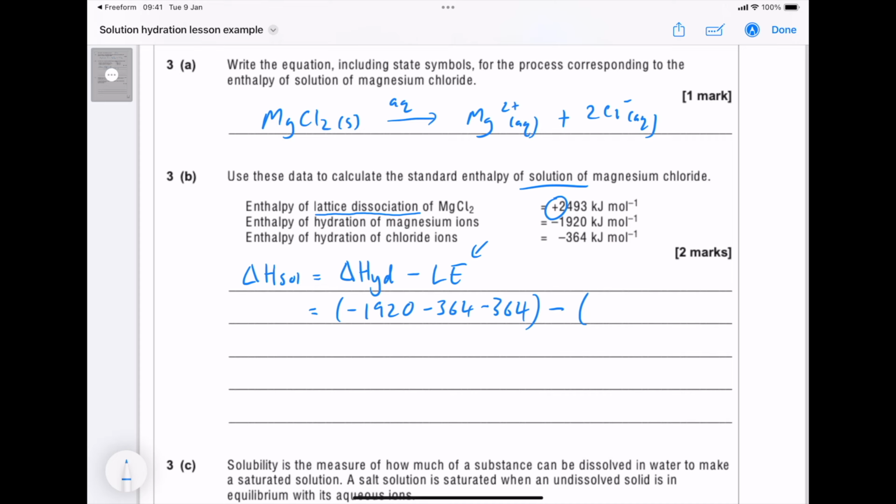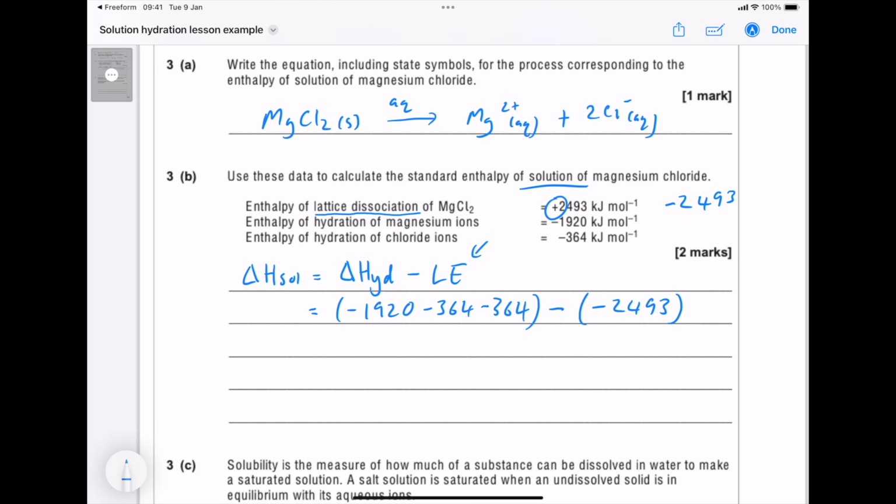This equation uses the lattice enthalpy, which is the enthalpy change when 1 mole of an ionic compound is formed from its ions. In other words, it's the opposite of that process. It's not the dissociation, splitting the lattice back up. It's the enthalpy of bringing the ions together to make the lattice. So I have to read that as negative 2493. So just watch out for that.